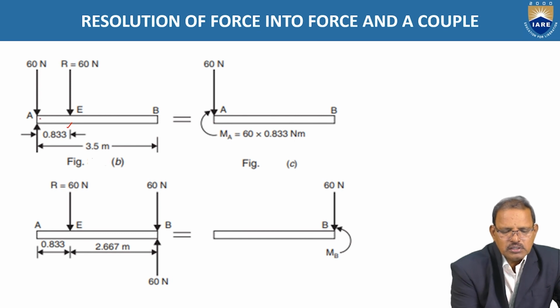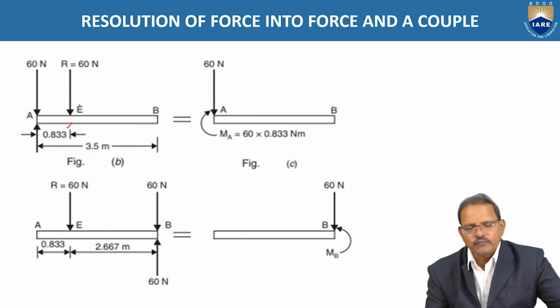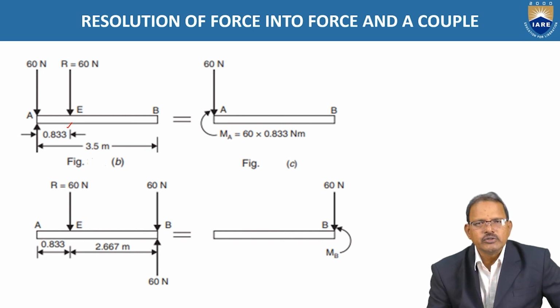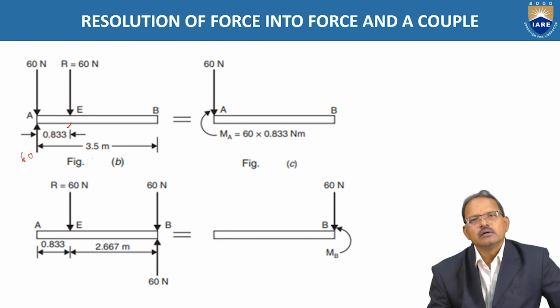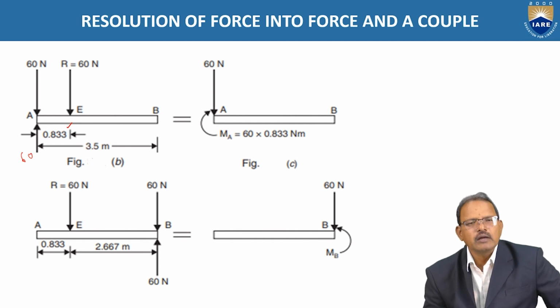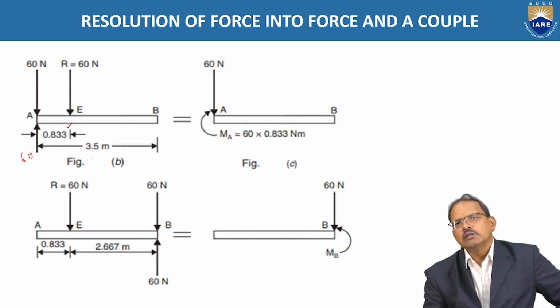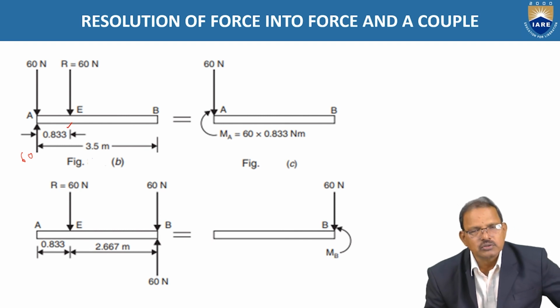That is, 60 newtons and 60 newtons are equal in magnitude to the resultant force, but both are acting in opposite directions. So the resultant force as well as the line of action of the force is the same. Hence, the couple created by the forces at point A is equal to 0.